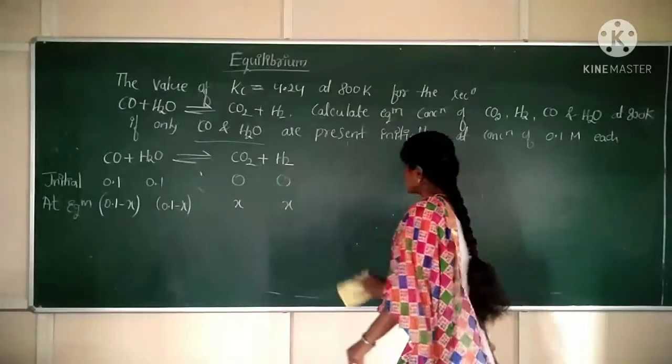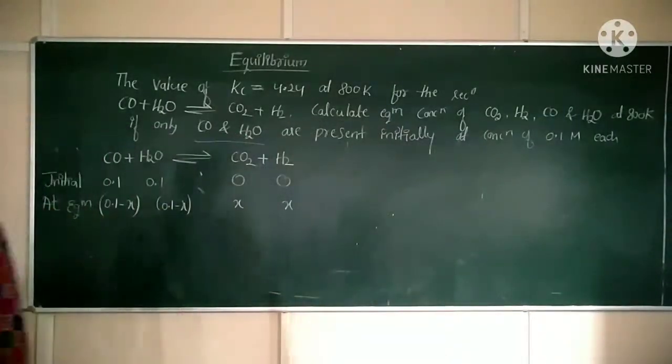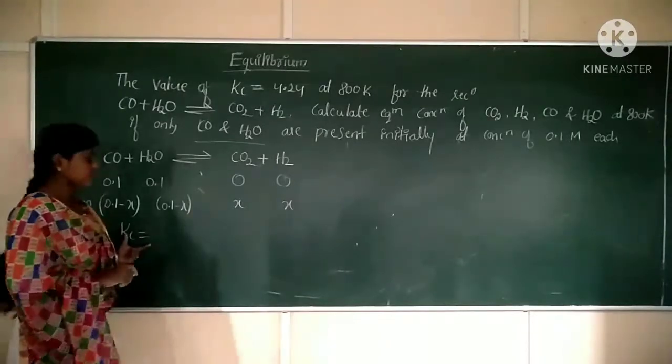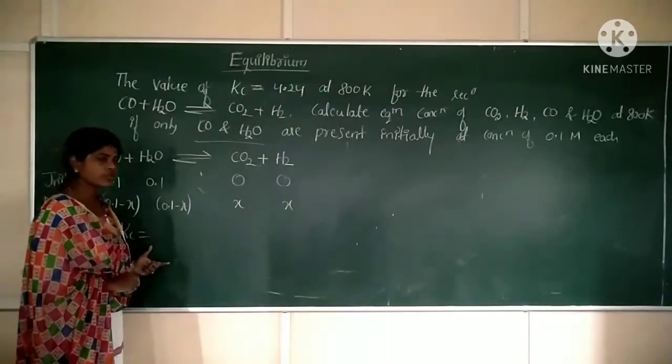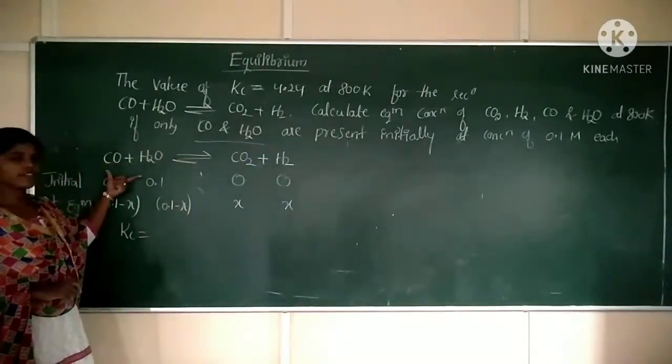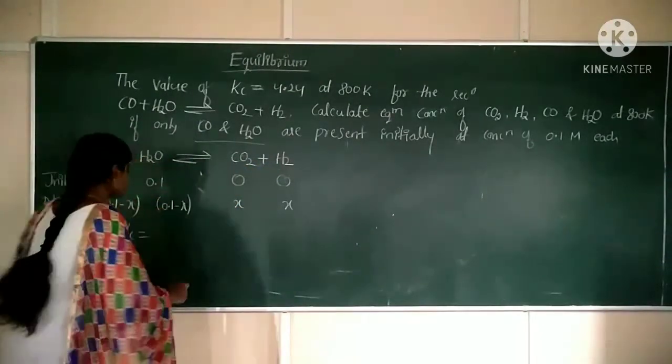Next, write Kc. Write the equilibrium constant. How do we write the equilibrium constant? Equilibrium constant Kc is equal to the concentration of product divided by the concentration of reactant. So what are the products?